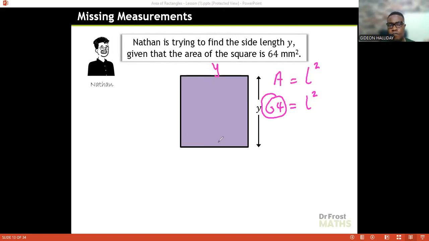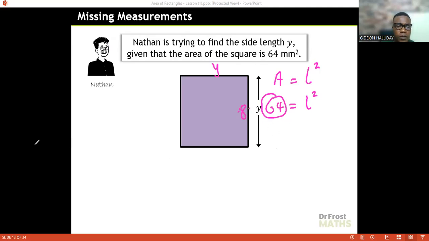I know I can multiply 5 times 5 to give me 25, 4 times 4 is 16, 6 times 6 is 36, 7 times 7 is 49, 8 times 8 is 64. So y is 8.